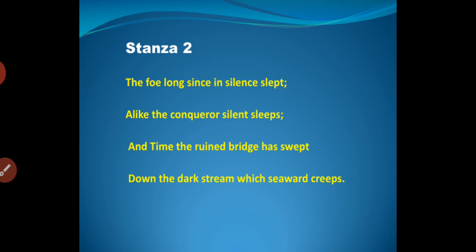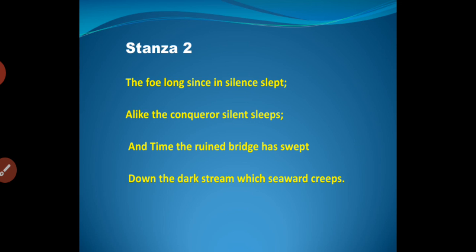In the second stanza, Emerson's nature imagery again parallels the battle. As soldiers have died, the bridge has also been ruined, swept down the dark stream which seaward creeps. The peacefulness of this imagery follows Emerson's theme of the passage of time and the journey from life to death, while also furthering the rebel motif.